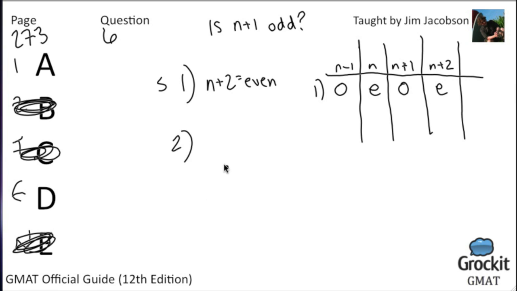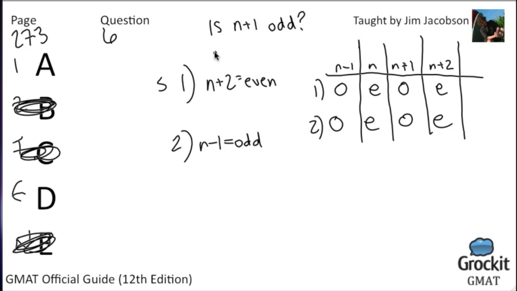Statement number 2 tells us n minus 1 is odd. We can use this same chart. N minus 1 is odd, so n must be even, so n plus 1 must be odd, and n plus 2 must be even. And so that too gives us the exact same information. It's enough to tell us yes, and it's always yes.